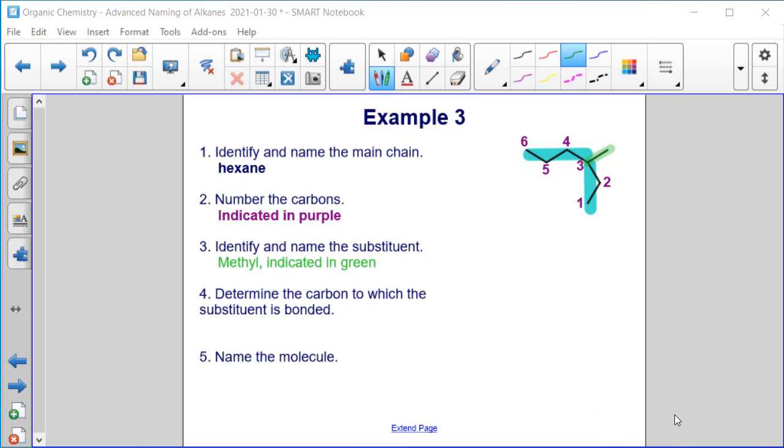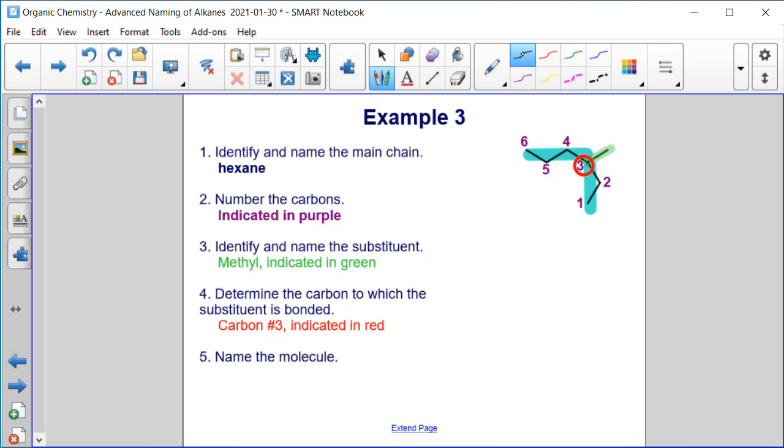Now, what carbon is that methyl group bonded to? If we did our work on the previous parts of this question, we've already numbered it, so we can see that it is bonded to the third carbon. Okay, so indicated in red here, I've circled, it's attached or branched off of carbon 3. So now we need to name the molecule.